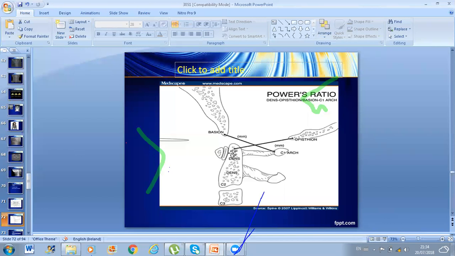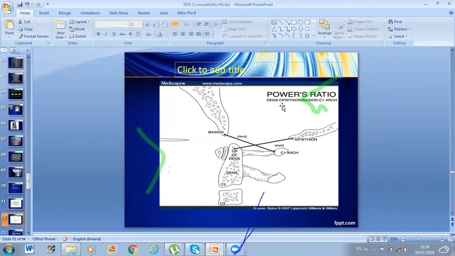It's basically the ratio of the distance from the basion, the base of the occiput, to the posterior arch of the first cervical vertebra.